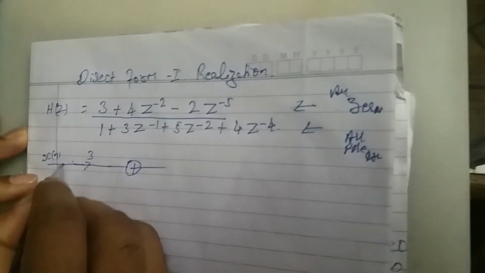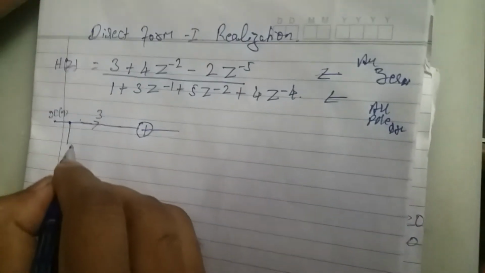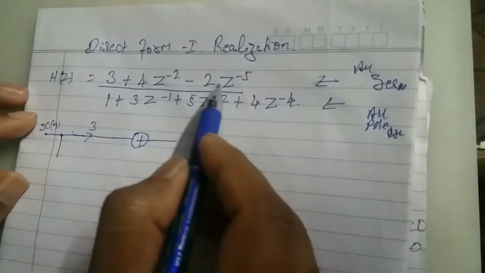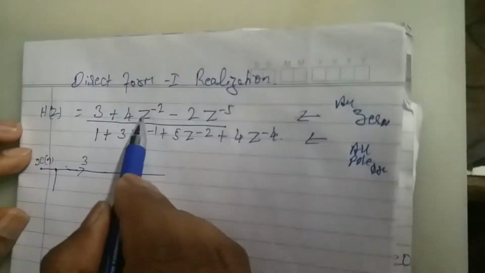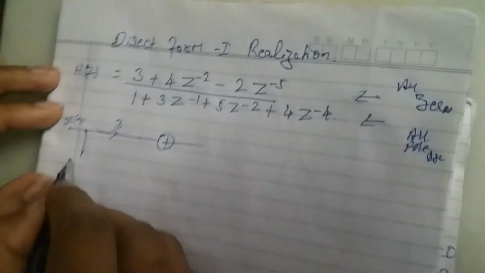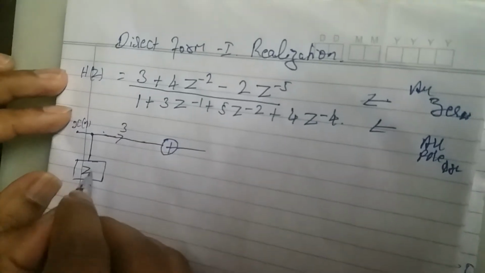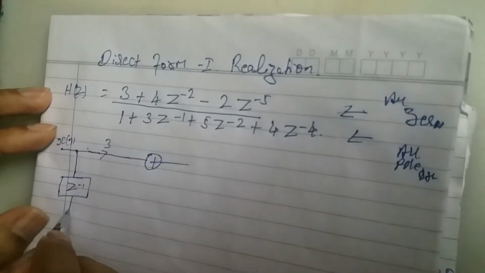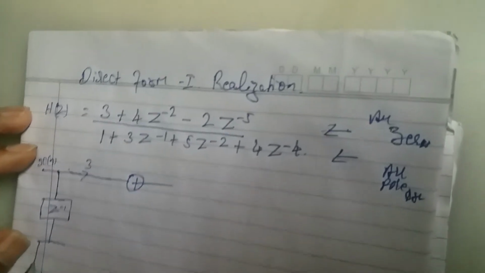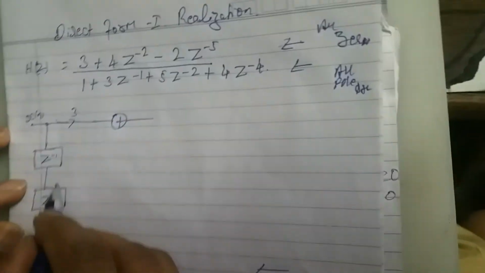The next step is to identify how many delay blocks we need. We need 2 delay blocks, that is z raised to minus 2 and z raised to minus 5. So you take the first delay block, z raised to minus 1, and you take another delay block, named z raised to minus 1.